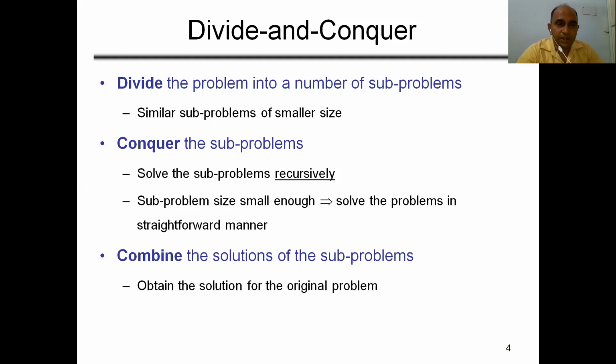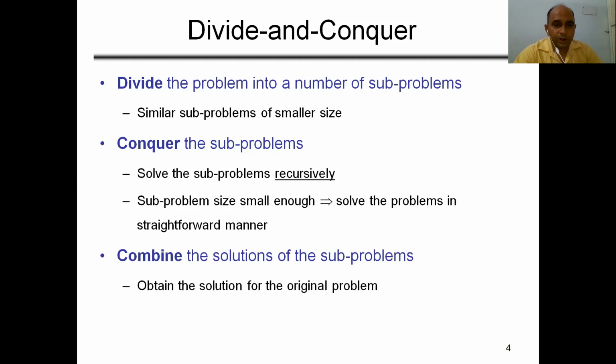The first step is divide, in which we divide the problem into smaller sub problems. Like an array can be divided into two parts, or four parts. Then comes the second step, called conquer or recursive call, in which we solve the sub problems by calling our algorithm recursively.